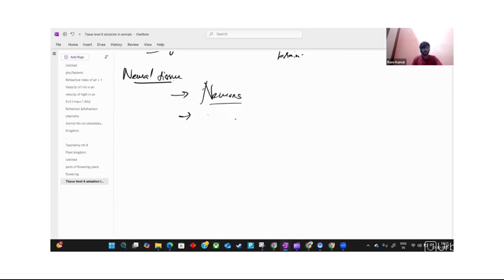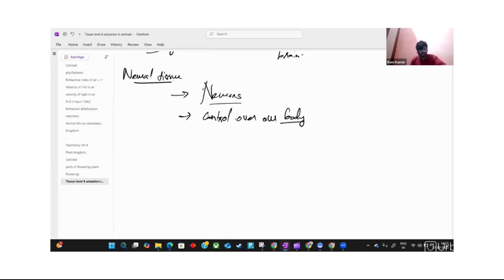These neurons carry signals, and it controls our body. The neuron is the basic unit of the nervous system, made of excitable cells.